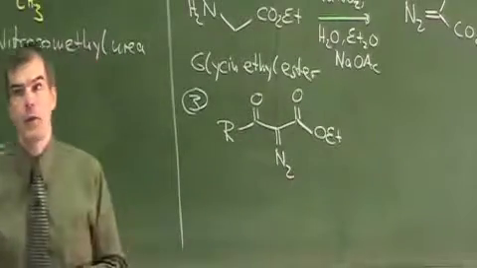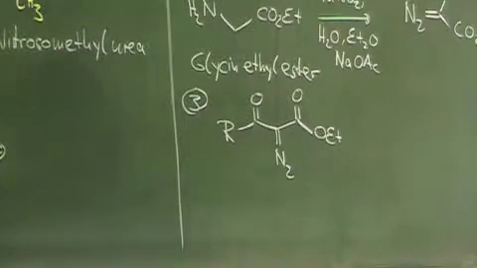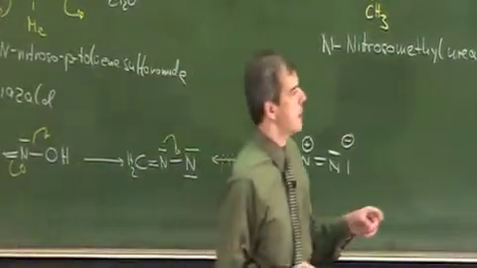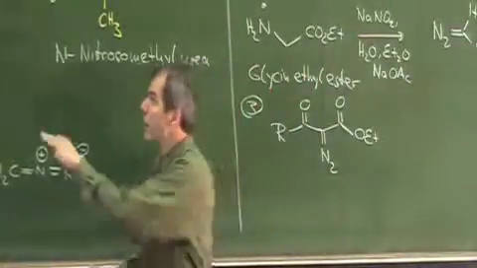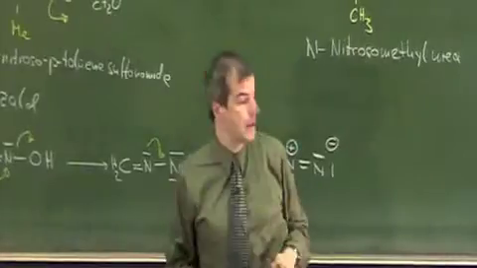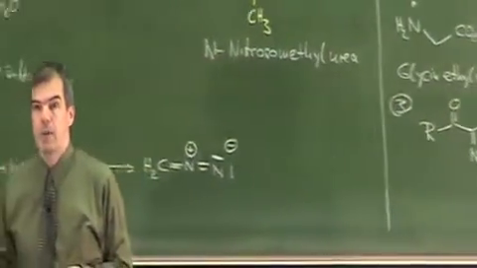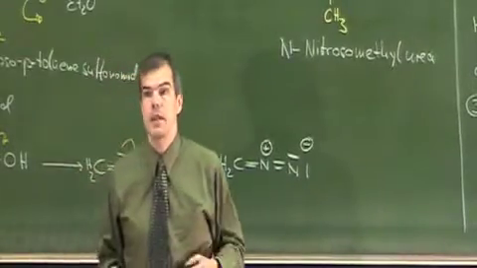And these are so stable that only very few metals even will be able to decompose these compounds. A lot of metals which will decompose ethyl diazoacetate or diazomethane readily will leave such diazo compounds of beta ketoesters completely untouched.